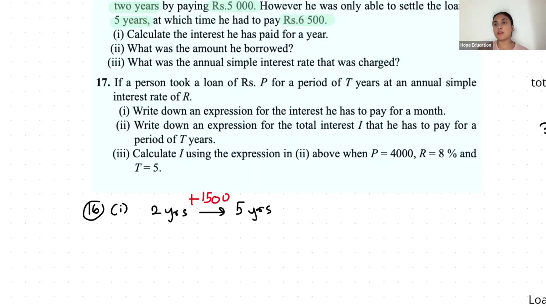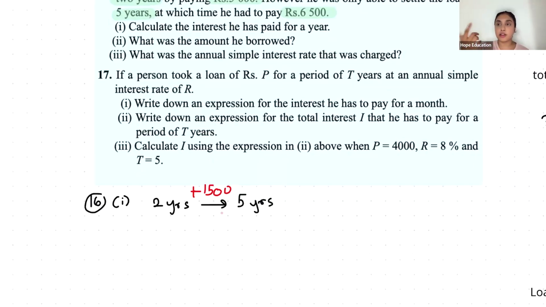Of course, when you take a loan, the loan amount doesn't change. So the loan amount doesn't change, only the interest changes. So from 2 years to 5 years, 1,500 has increased, and that increase is only the interest because the loan amount does not change.